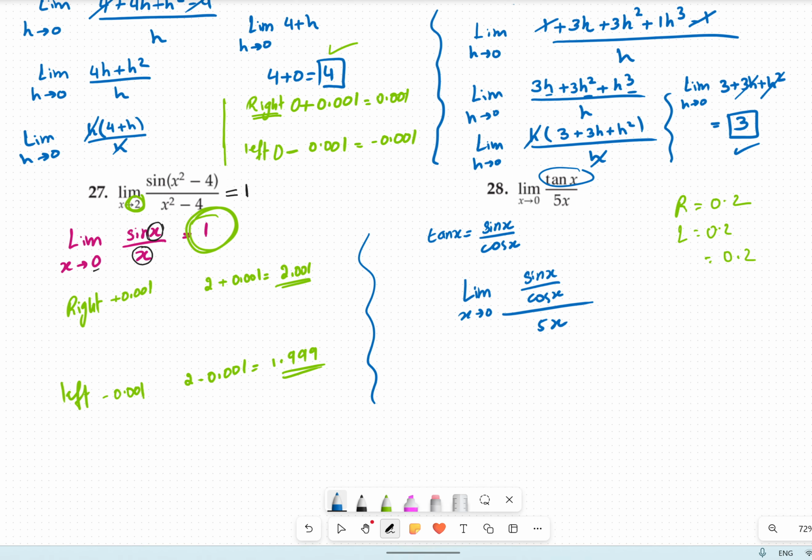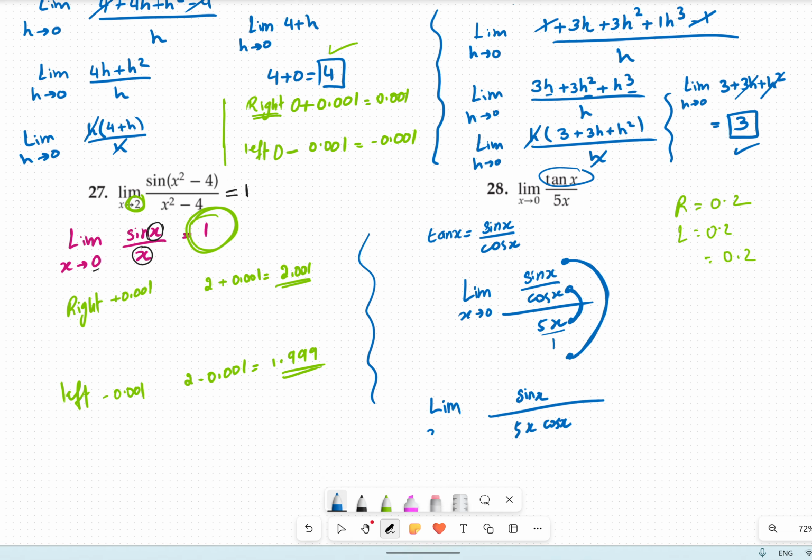Now how can I rearrange this fraction? Look, 5x is like over 1. There is nothing underneath 5x. Now you multiply the very upper one with the very lower one, and here the lower with the upper. So sine times 1 will give me sine over cosine times 5x will give me 5x cosine x.